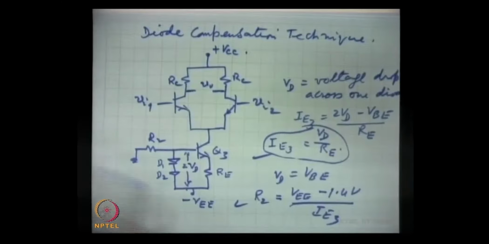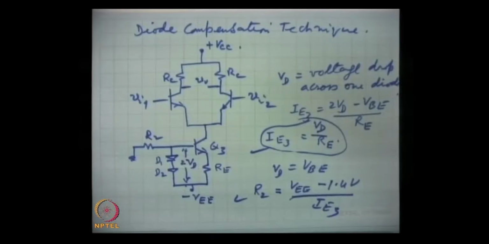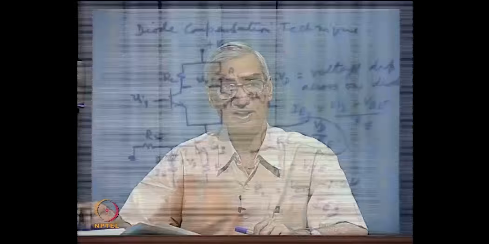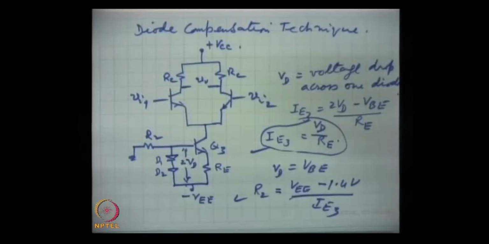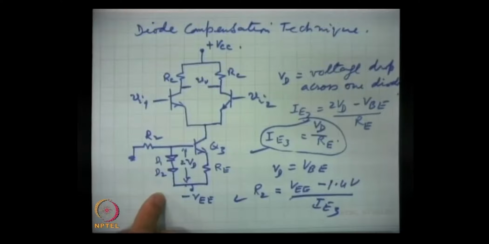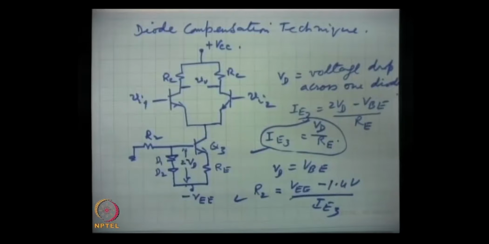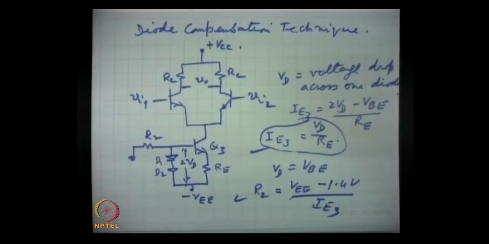So, this is one of the best constant current sources, which takes care of two parameters. It has a very high source resistance in this circuit, and it also takes care of the temperature variation of this voltage V_BE, and so this is one of the best.